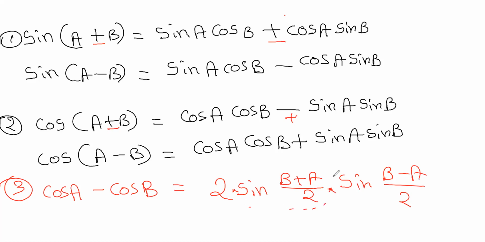Means this total is one sin of (B plus A) by 2, and this is the second sin of (B minus A) by 2. These three formulas we have to remember for today. So what are these A and B? They are angles.